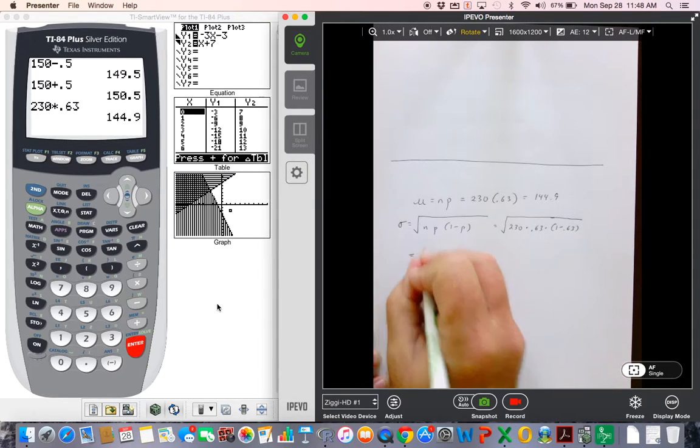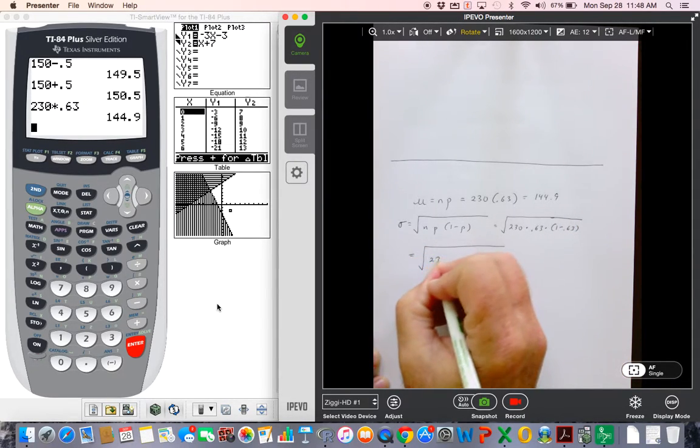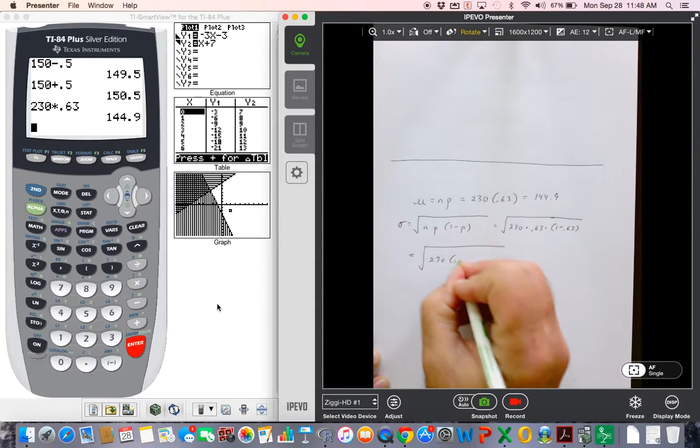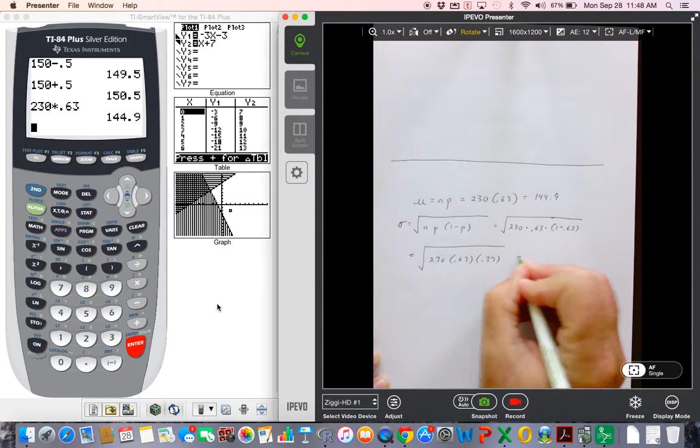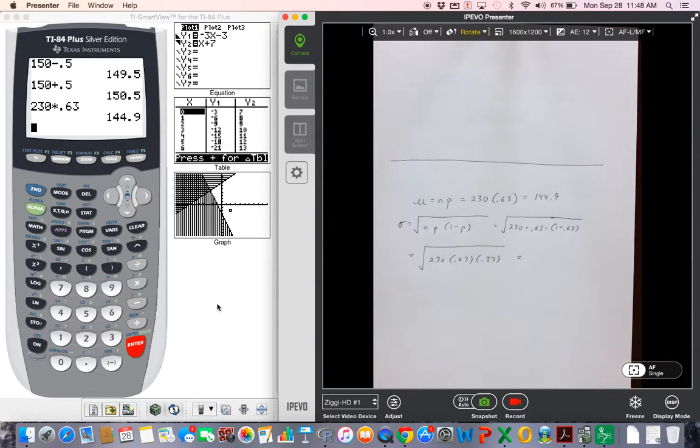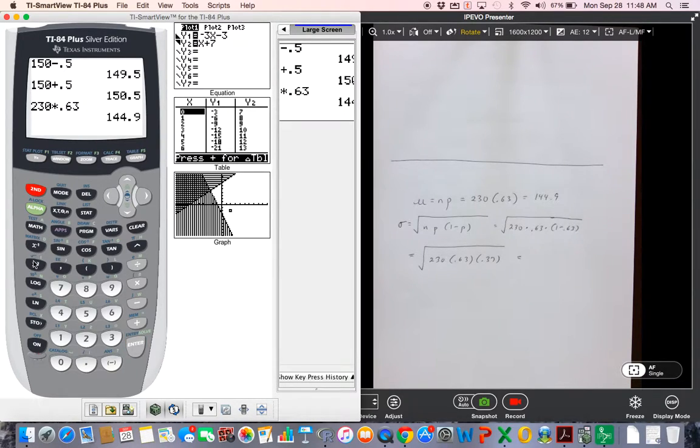I'm going to clean this up a little bit. 230 times 0.63 times 0.37. Now guys, we're going to want to run this out quite a few places. So I'm going to go square root of 230.